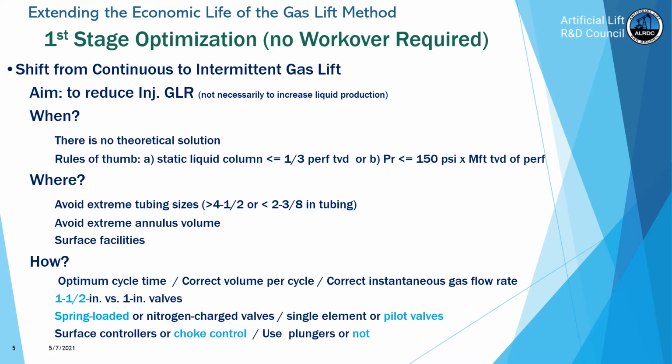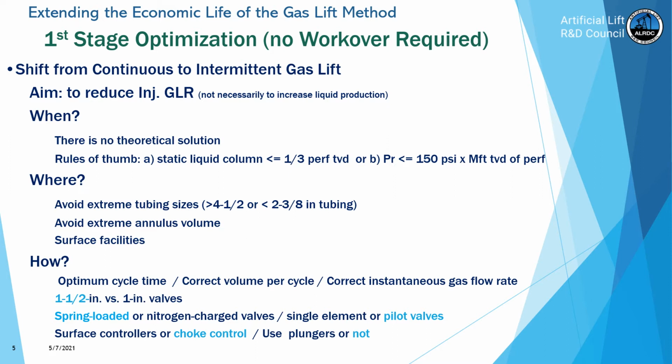On the other hand, if the tubing diameter is very small, then we're going to need to cycle the well at a very high frequency. So the proportion of time that is needed to inject the gas is going to be greater, and we're going to lose total daily production.